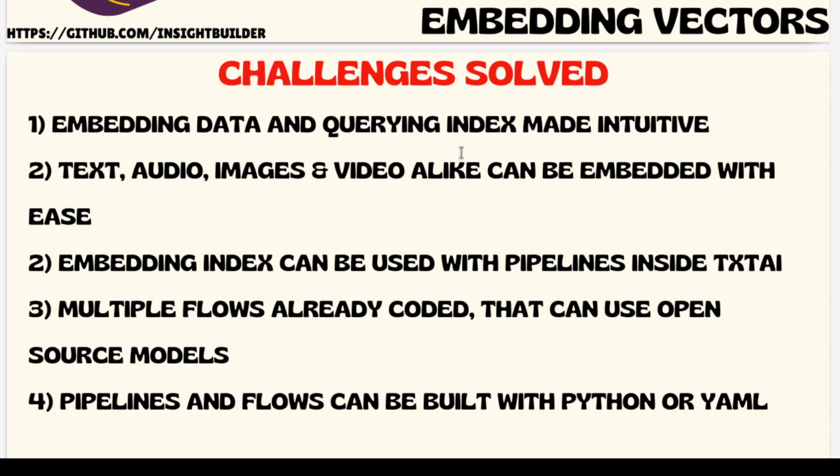However, in the case of audio and images, you need to do some kind of processing. That's where the workflows and the pipelines that are part of TxtAI come into the picture. This particular video will not look into those aspects, but in the future I will be working on those. In a couple of videos I will be sharing those concepts also.